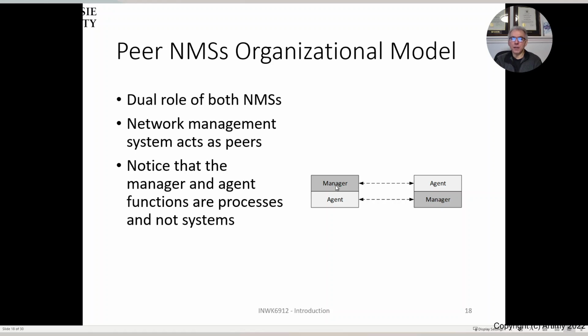So the manager here talks to an agent on the other side and vice versa. So we can fake the peer-to-peer relationship by each device being a manager of the other device and agent at the same time.